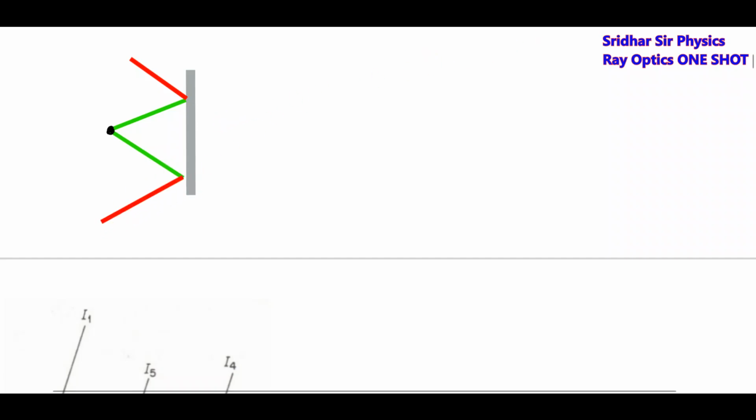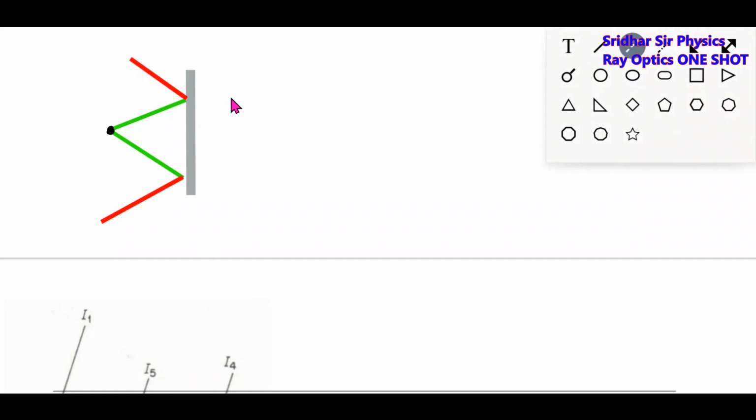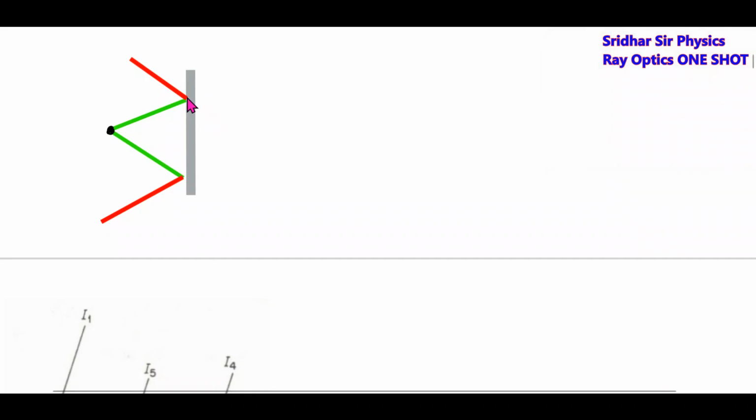Then I will trace out the image. So I'll extend back this. This will be our position of the image. This is X, this is X, this is the object, this is the image.